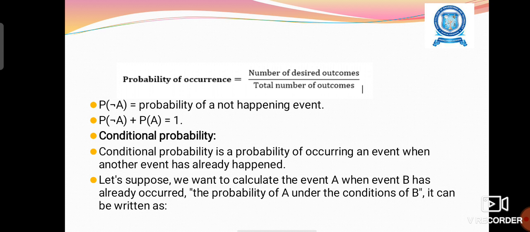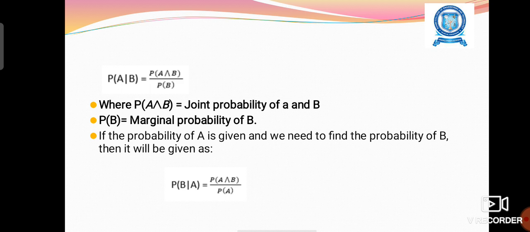Another important thing is conditional probability. In conditional probability, we deal with the probability of two related events. Conditional probability is the probability of an event occurring when another event has already happened. If we want to calculate the probability of event A when event B has already occurred, the probability of A under the condition of B is called conditional probability. It can be written as P(A|B). That is, if B has happened, what is the probability of A?